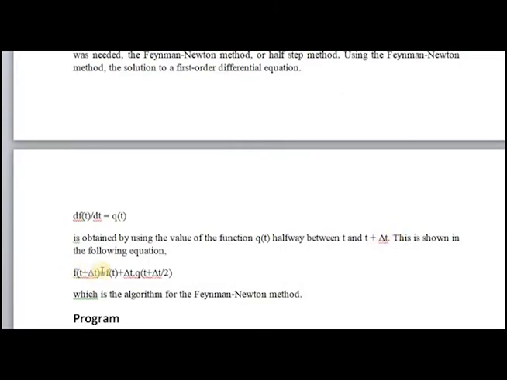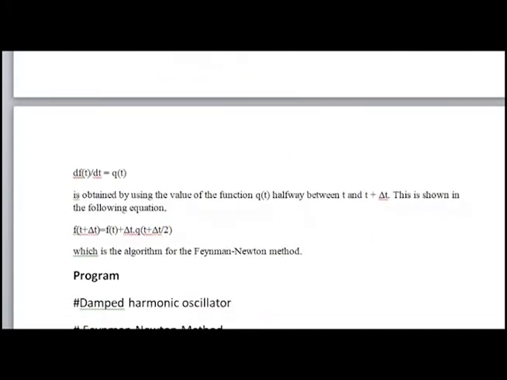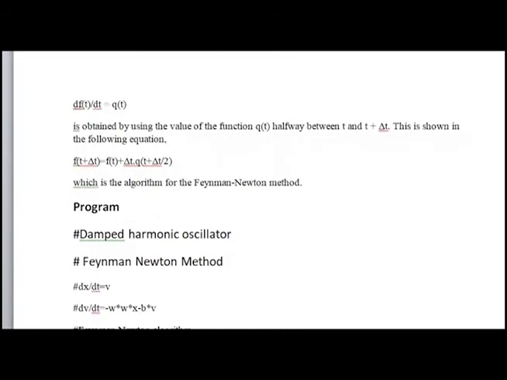That is, f of t plus delta t is equal to f of t plus delta t into q of t plus delta t by 2. It is also known as the half interval method. Just including a simple line of coding in your basic problem changes it into a Feynman-Newton method.